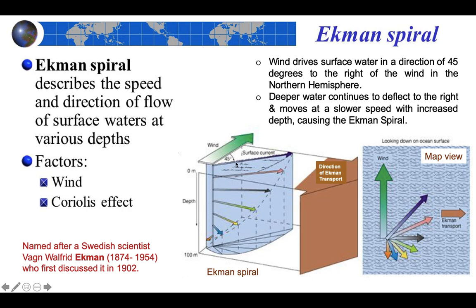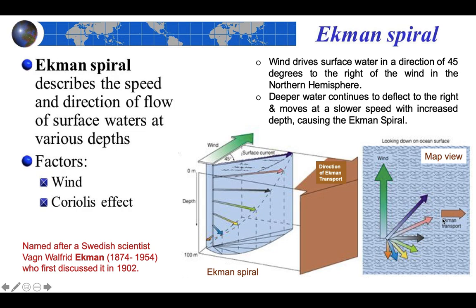So this whole phenomenon is called a spiral, an Ekman spiral. In the map view, you're looking at the prevailing wind blowing up in this direction, and the Ekman spiral is shown by these different colored arrows, and finally that is the deepest current, exactly opposite in direction to the prevailing wind.